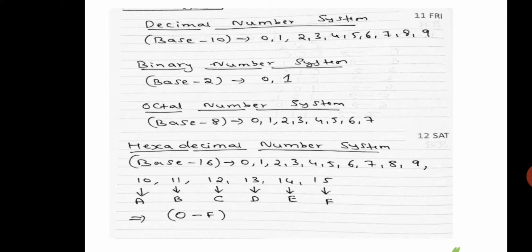So ultimately, as a computer is an electronic device, if you want to use signals, definitely you require 0 or 1. It is nothing but power off or power on, or you are supplying current or you are not supplying current. If you are supplying current, then it may be 1. If you are not supplying current, it may be 0. So it can interpret like that. So the binary system is nothing but 0 or 1.